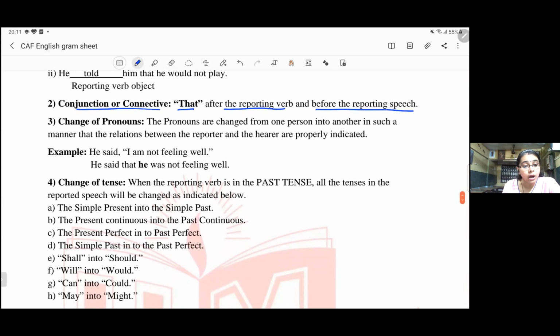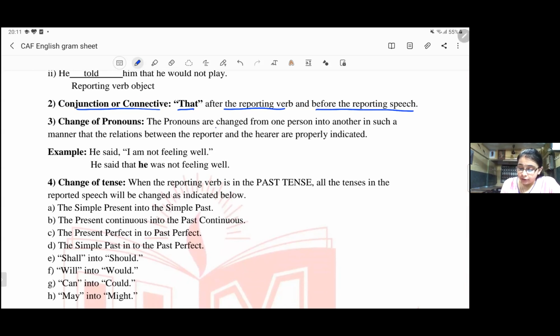Change of pronouns. Now you all know what is conjunction, what are pronouns, what are adverbs. So I have the practice sentences for you all, but there is no need for me to go into detail for conjunction, pronoun and preposition. Still I have it, just you all go through it. Fine.